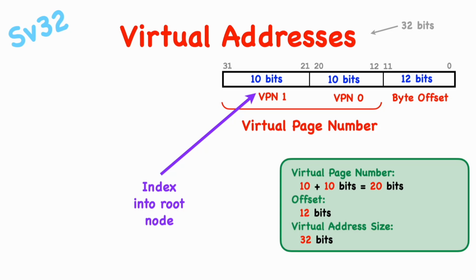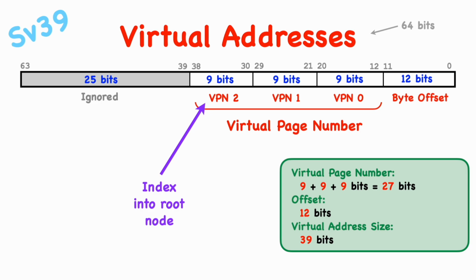Let's start with Sv39. We see that the virtual address is 39 bits in size, and the virtual page number is now broken into 3 index parts, VPN part 2, VPN part 1, and VPN part 0, plus the 12-bit offset. The upper 25 bits of any program-generated address are ignored by the hardware.